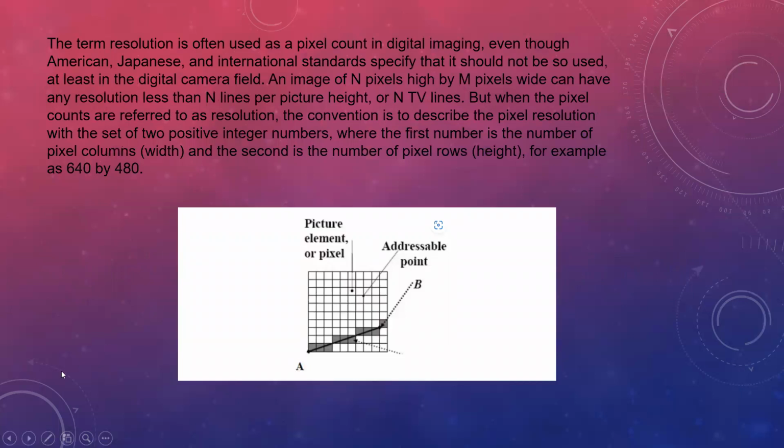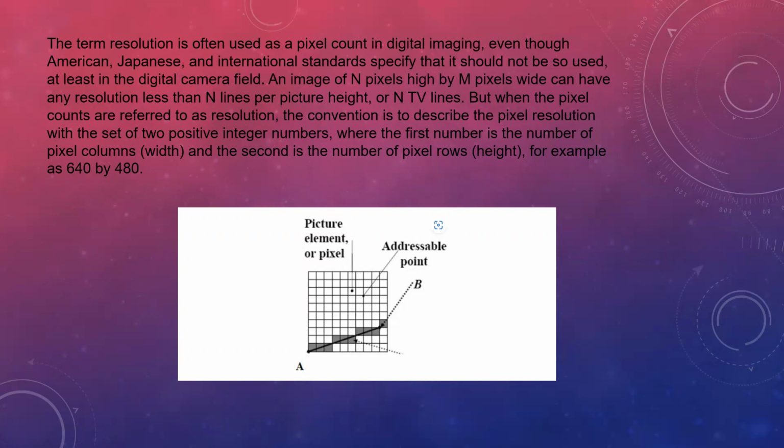So the term resolution is often used as a pixel count in digital imaging, even though American, Japanese, and international standards specify that it should not be used, at least in digital cameras. An image of n pixels by m pixels can be any resolution less than n lines per picture.